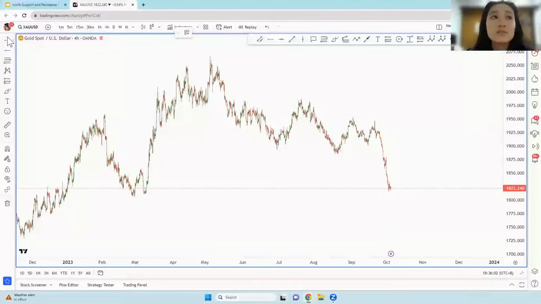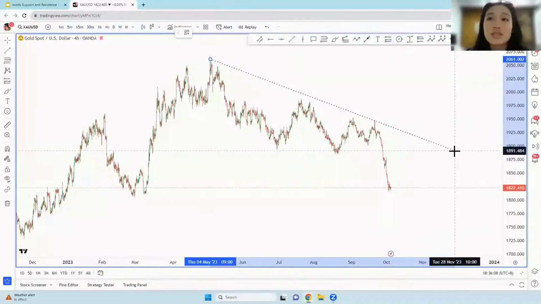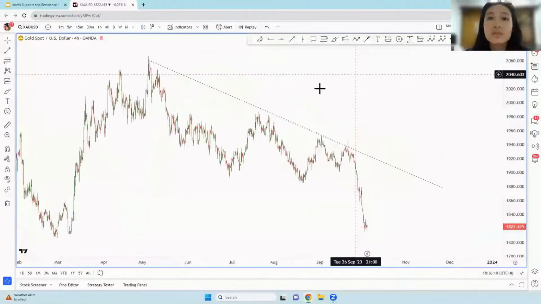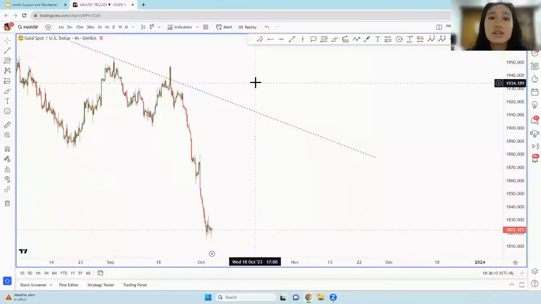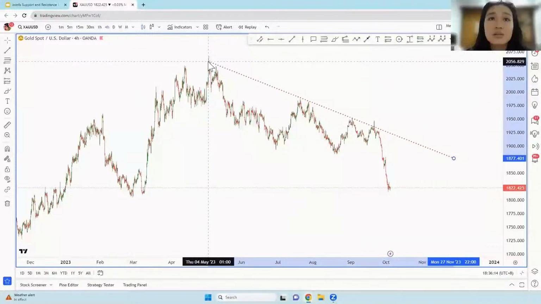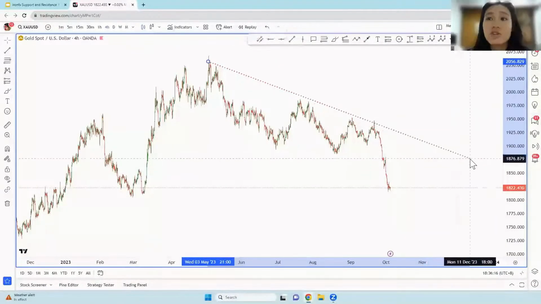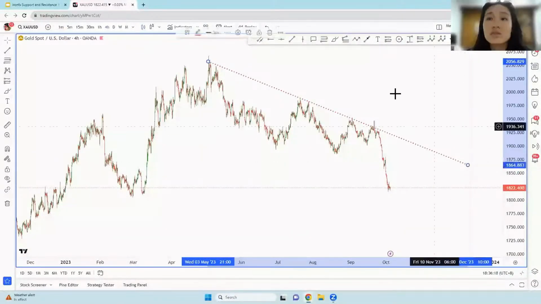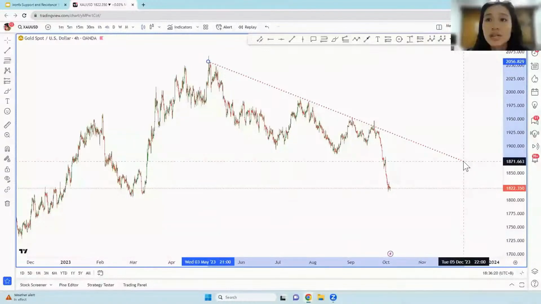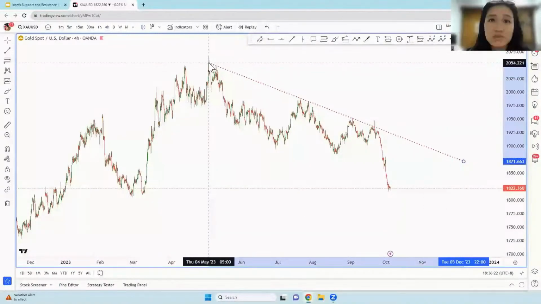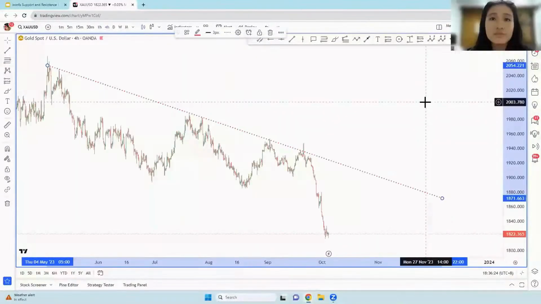Okay, let's see. We're gonna start off by identifying the trend. So we can all agree that this is a descending trend line, right? Or rather a downtrend. Now I'm gonna see if I can find any graphical analysis to support that. So I kind of have a descending trend line here.